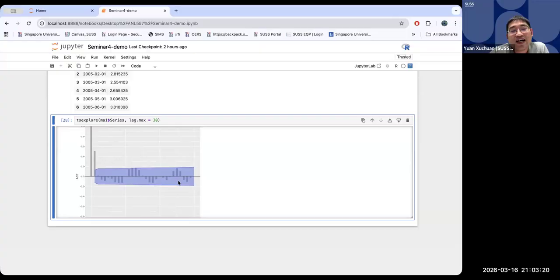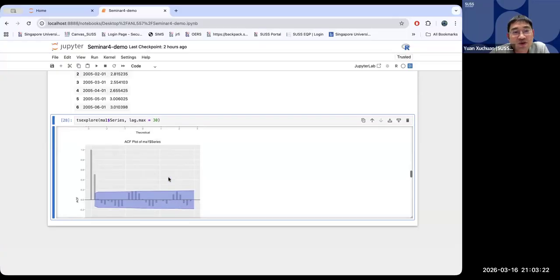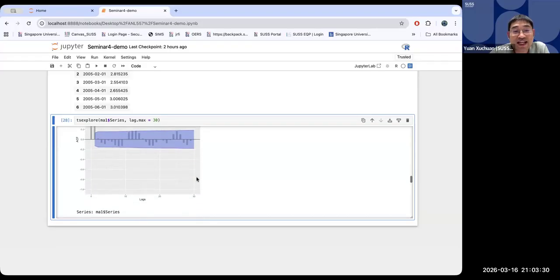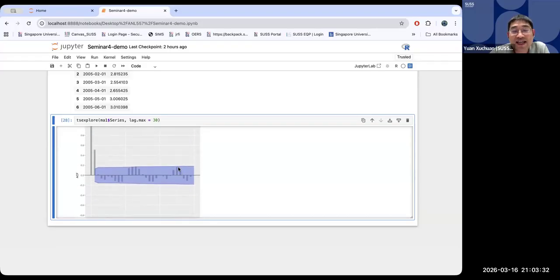You can say they are almost zero. So we can say this ACF decays exponentially, because up to lag 30, the ACF is almost zero.